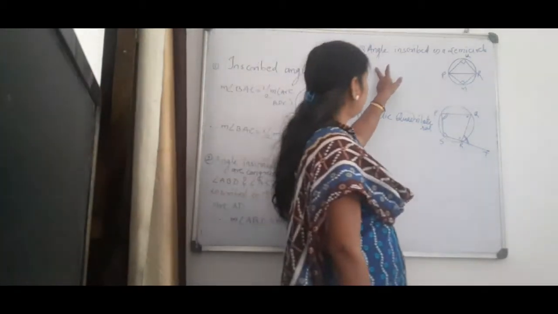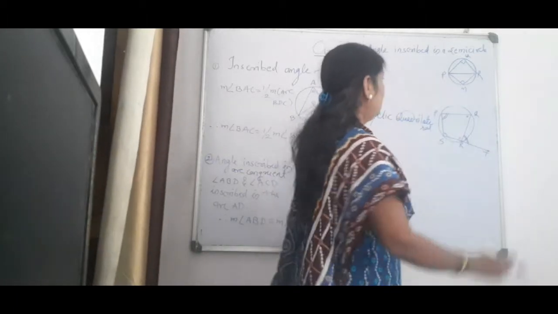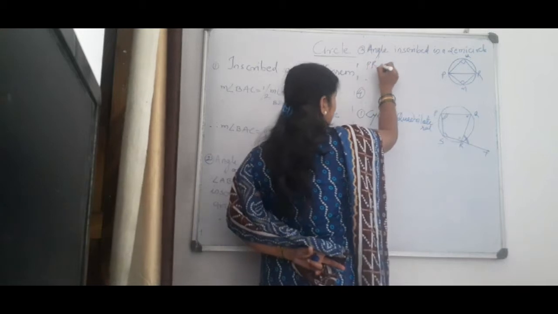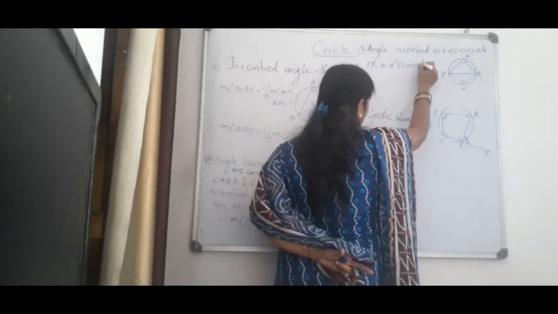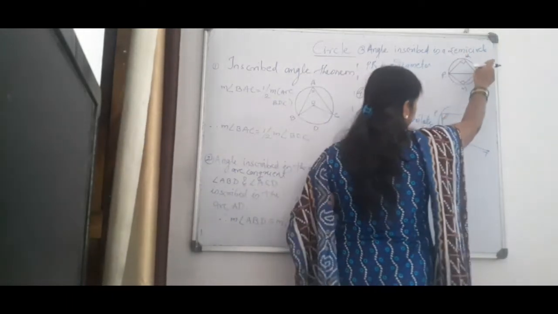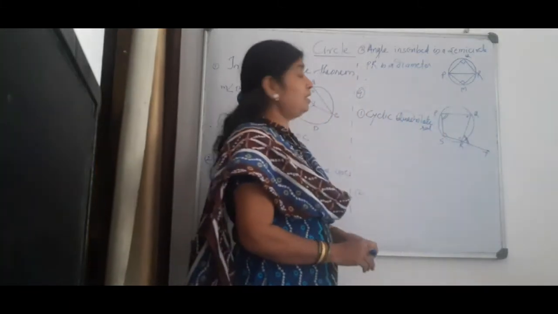Now see here, what is the next? Angle inscribed in a semicircle. Now see here, PR is a diameter, therefore PQR is a semicircle and PMR is also a semicircle.